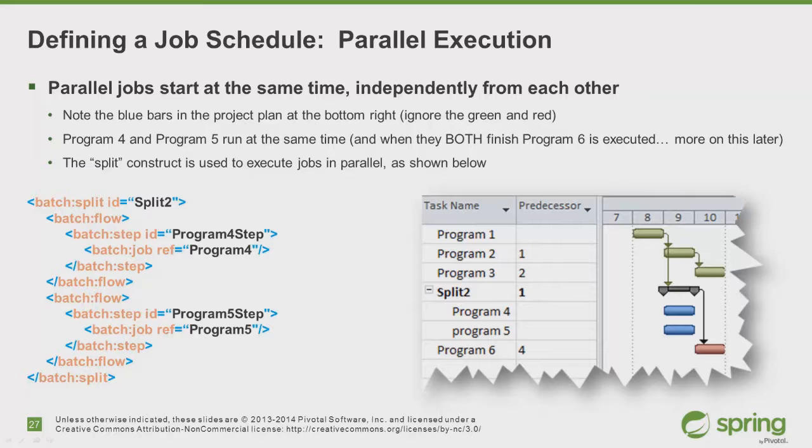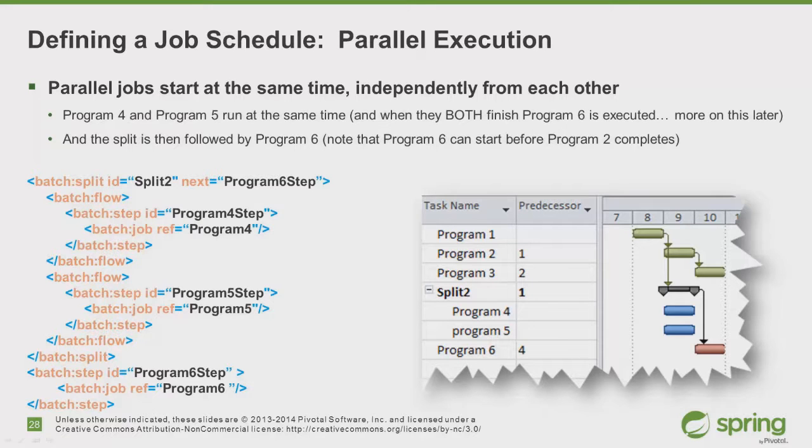So we still see the three greens execute, and following program 1, it executes a group level item called split 2 that contains program 4 and 5 that are not dependent on each other and therefore run in parallel. And when the split completes, not when any individual item completes, but when the split completes, we then run program 6. So you can see now the project plan on the right mirrors the representation of the XML on the left.